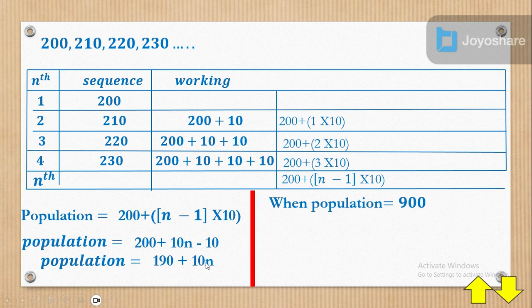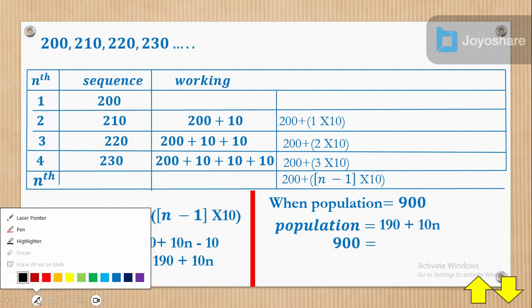So on whichever day the student population is 900, means that the population is equal to 900, and they want to get the value of n. So from the formula, population is equal to 190 plus 10n. There we are. Now we are substituting for this.